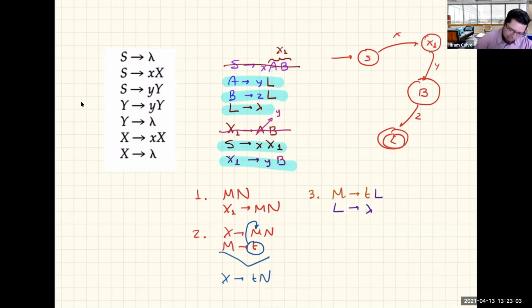And a fourth mechanism, sorry, there is a fourth one. Let's suppose you have something like M, and you have T, U, and M, for example. Then what you will do here is, you need a non-terminal here.